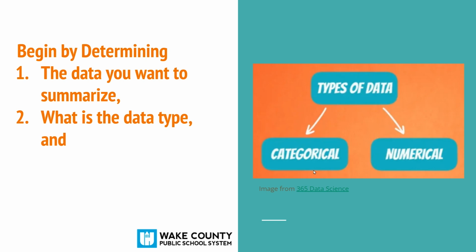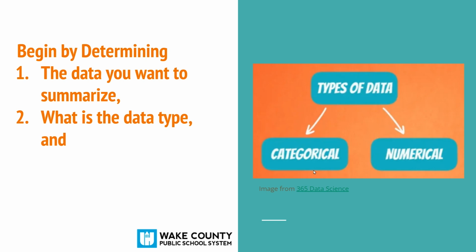That's a category. That might go on the inside of your pivot table, and that might be the data you want to summarize. Another option might be FastBridge data, on track, etc.